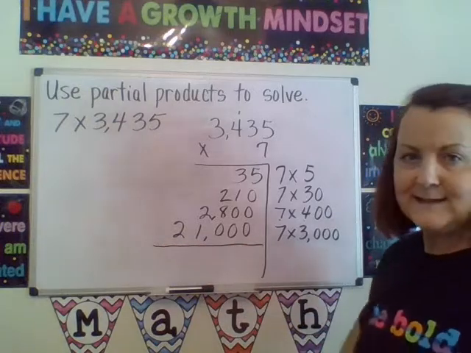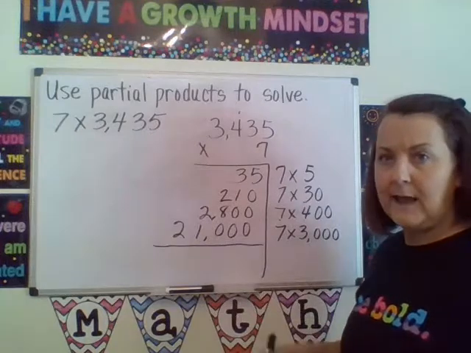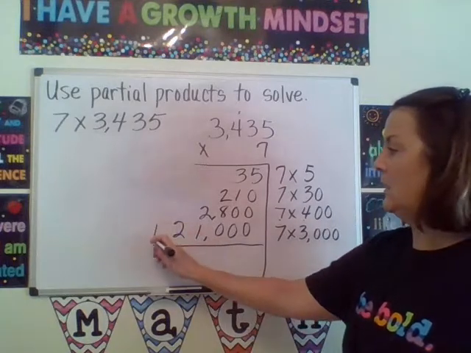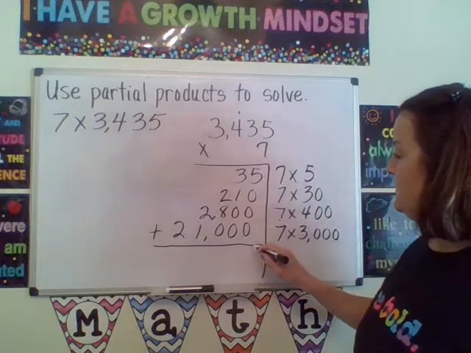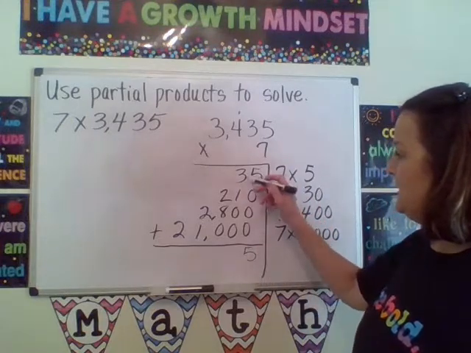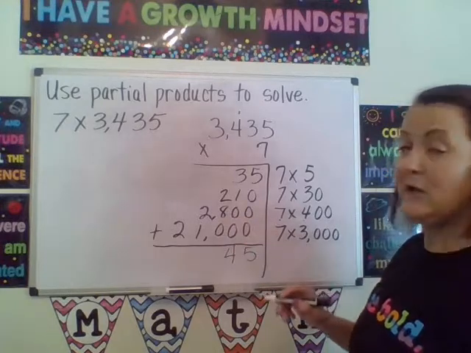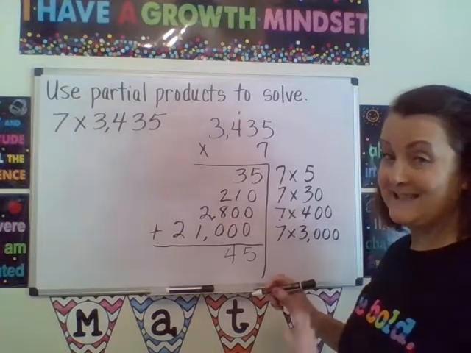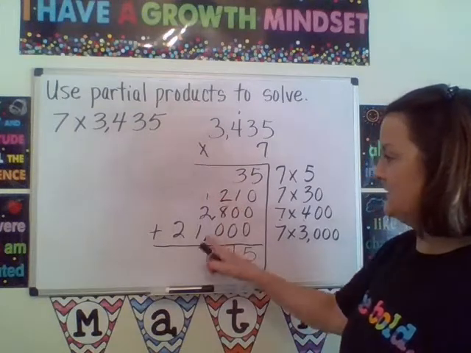Now, what's the last thing we have to do with all our partial products? We need to add them all up. So here we go. 5 plus 0 plus 0 plus 0 is 5 ones. 3 tens, 1 ten is 4 tens. 8 100s and 2 100s is 10 100s. So remember, we have to regroup to the thousands place.